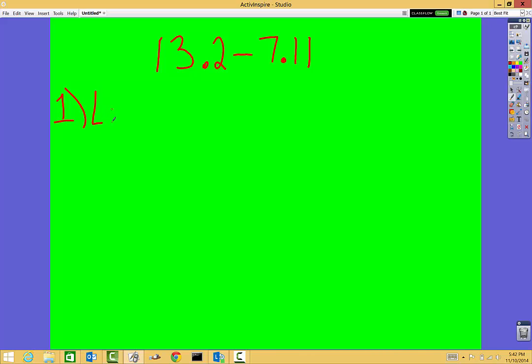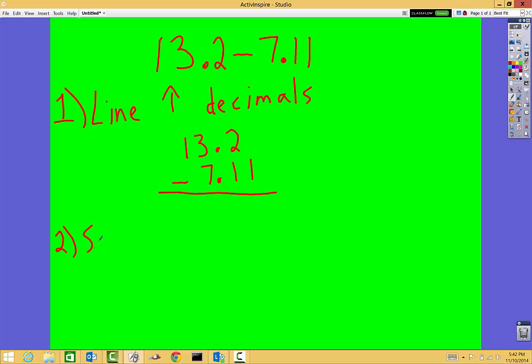I line up those decimals. So here I have 13.2 minus 7.11. And step number 2 is I subtract or add like normal.